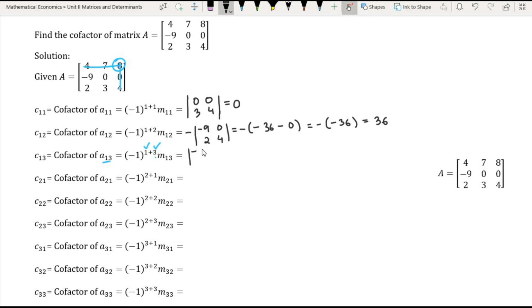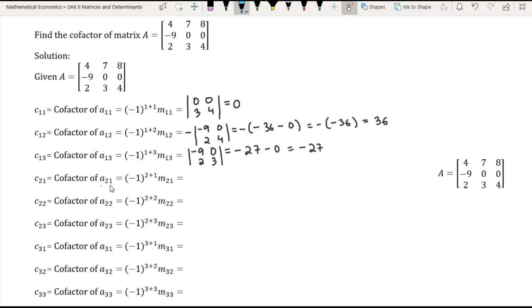So we are left with -9, 0, 2, 3. Minus times plus equals minus. 9 times 3 equals 27. 2 times 0 equals 0. Therefore, the cofactor of the element A13, that is element 8, equals -27.